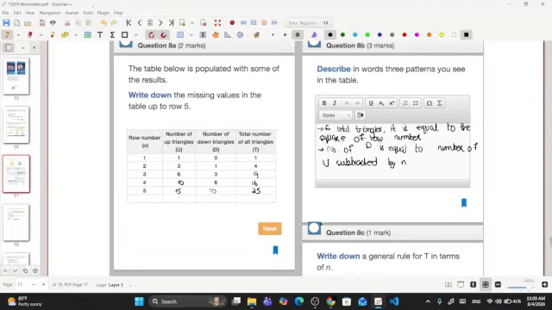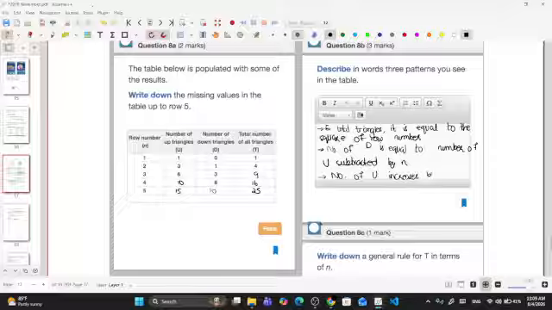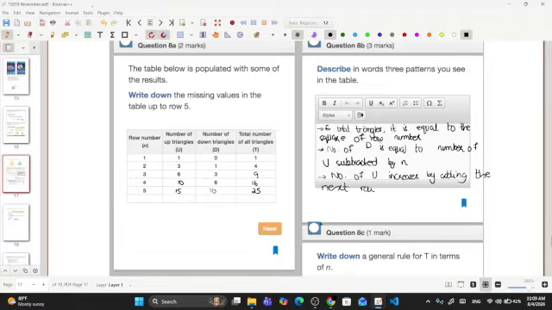Subtracted by n. That's also a pattern. And we can also say that the number of up triangles, or basically U, increases by adding the next row number each time.